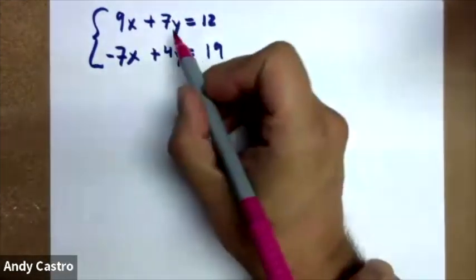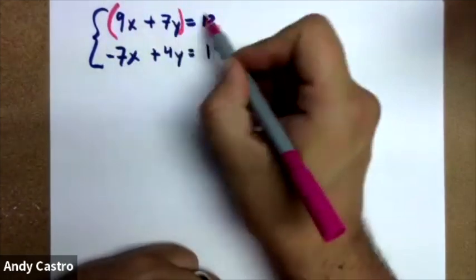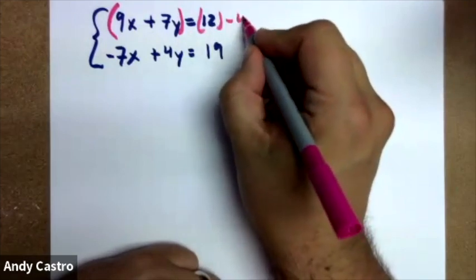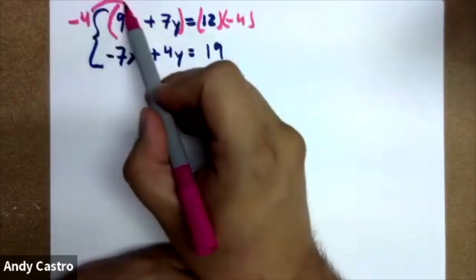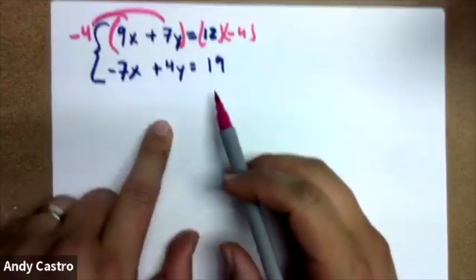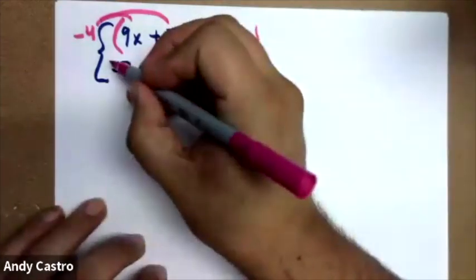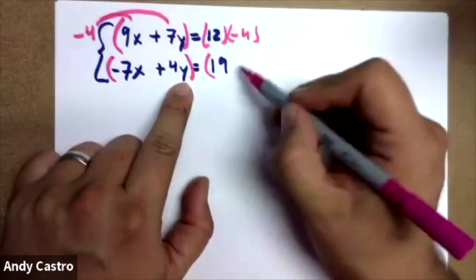So what if we multiply this first equation on both sides by the number negative 4? Okay. Why negative 4? Because then down here, I want to multiply both sides of the equation by a positive 7.